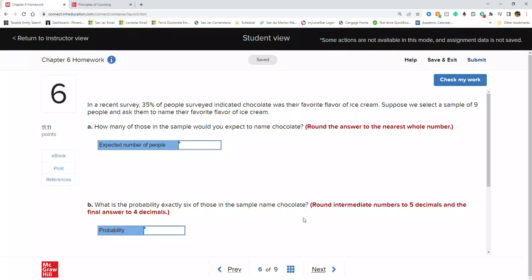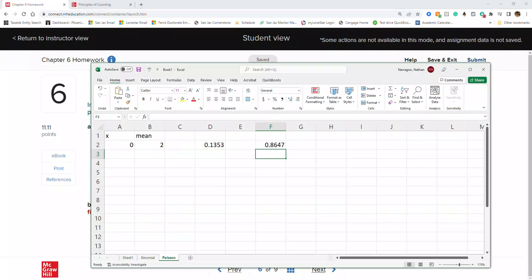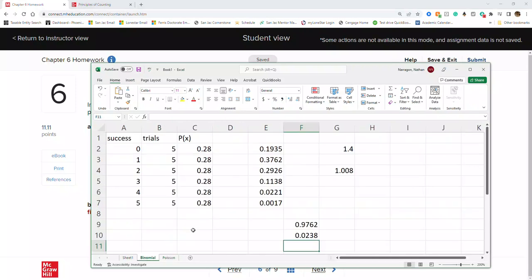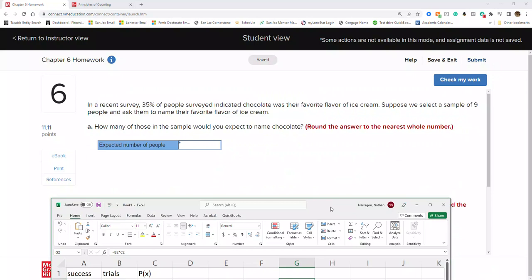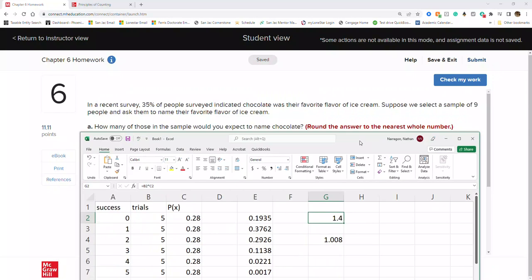So again, we'll go look at the formula. And this is going to be our mean. Basically n times the percentage. This is how much we expect.